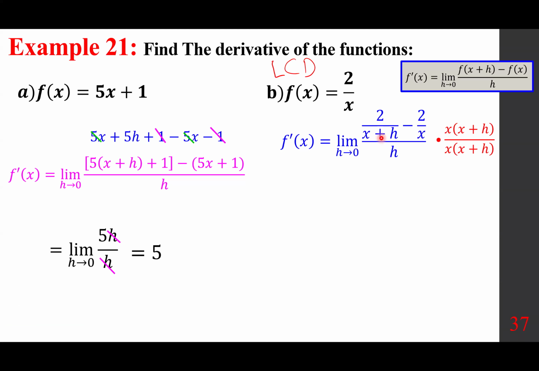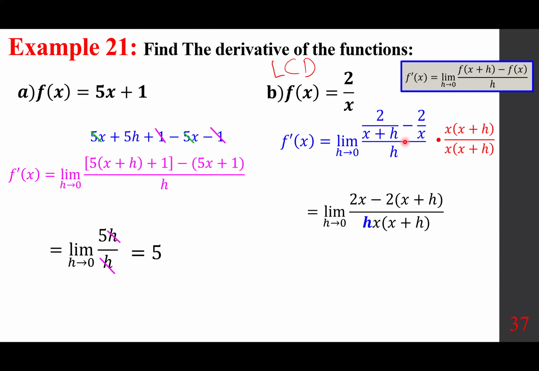So first, the denominator. Remember, h is approaching 0. This is the problem. You don't do anything. You keep it as a product. The numerator, if you multiply these two, x plus h drops, you get 2x. If you multiply these two, x drops, you get 2 times (x plus h). Don't forget the sign minus.